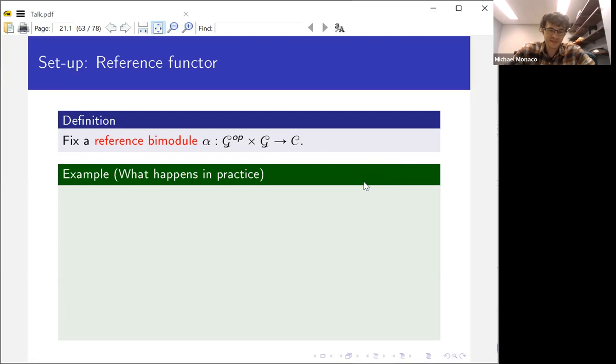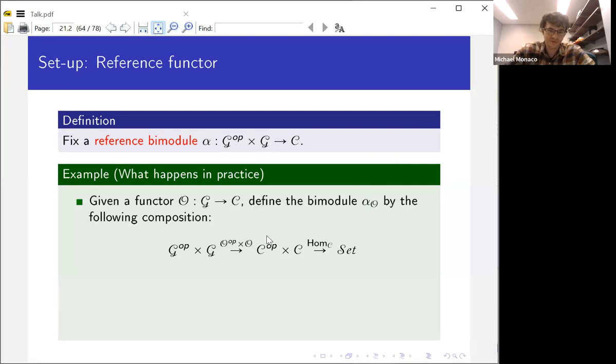In practice, it is a bimodule that would look like the following. We would take some functor O from G to C and define alpha O to be this composition. We just apply O to each of these variables and wire it through some Hom functor.